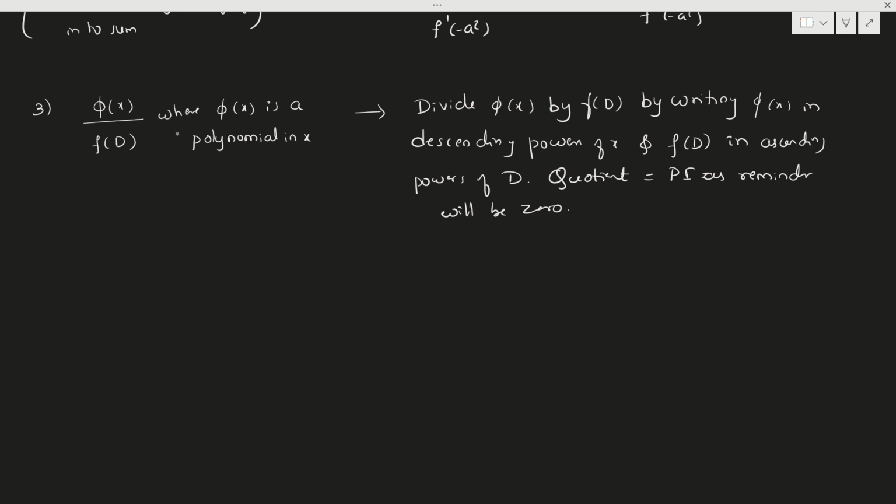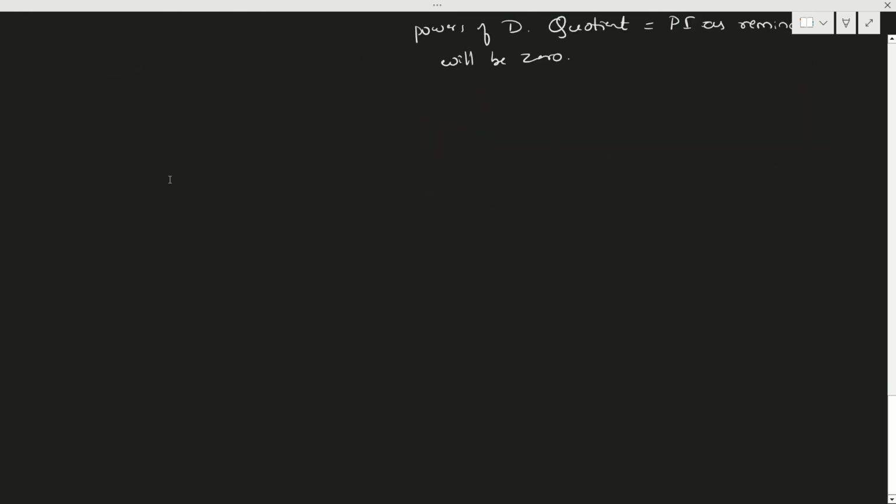This is how to solve the functions if phi of x is a polynomial.